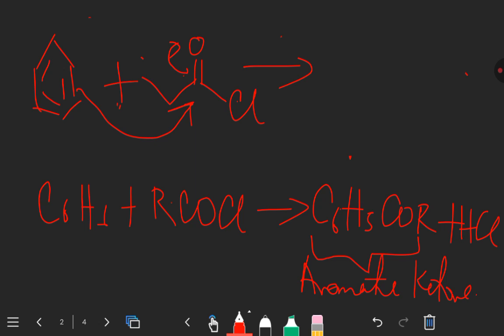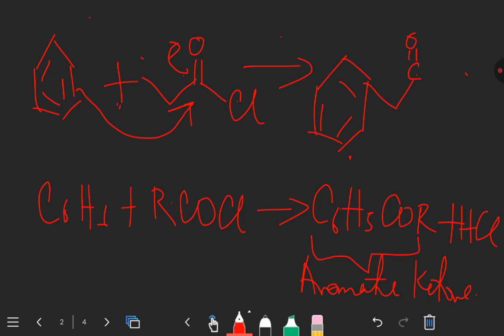Once that happens, we are going to form a compound of such kind, bonded to a certain carbonyl group like that.